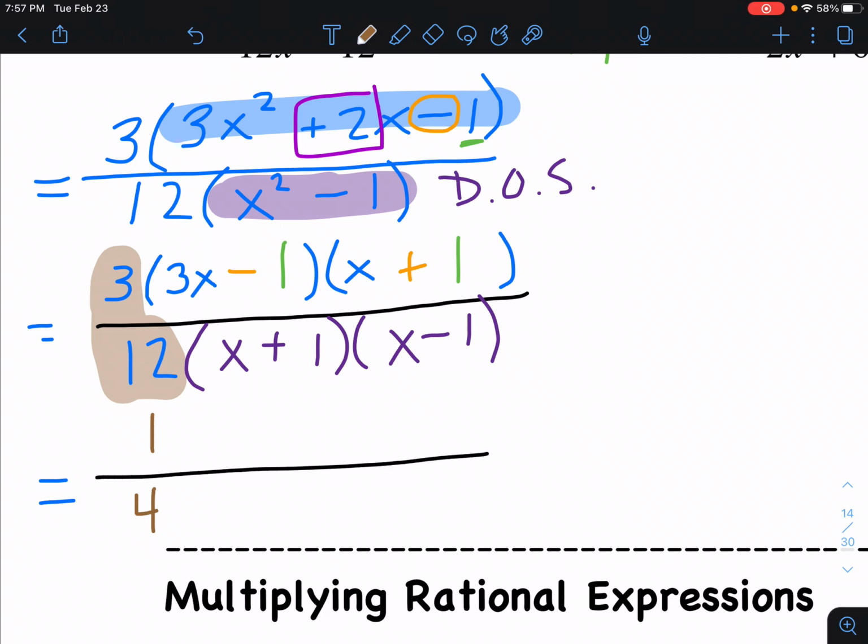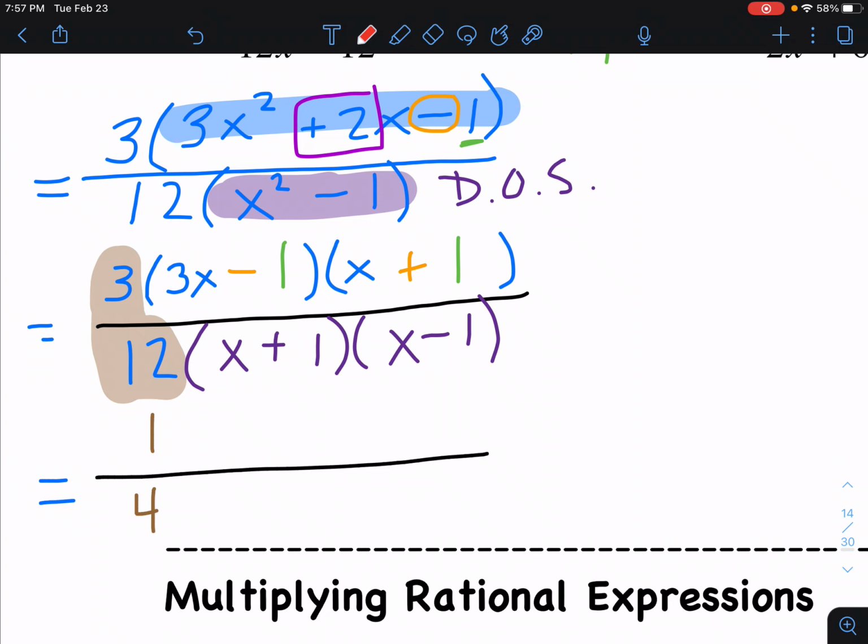Okay? Now we look ahead at the binomials. And if any one at the top matches with any one at the bottom, you cancel them.